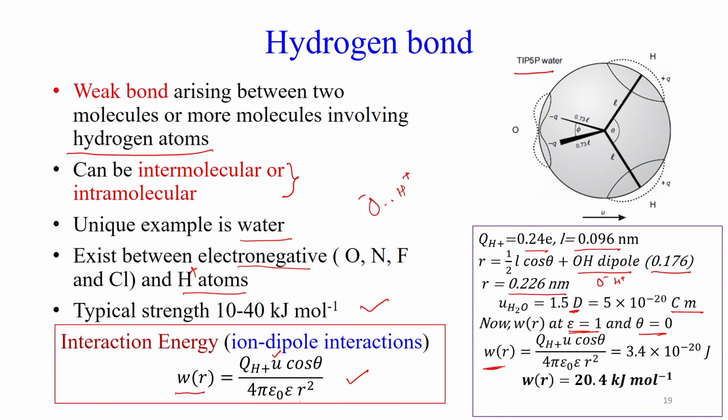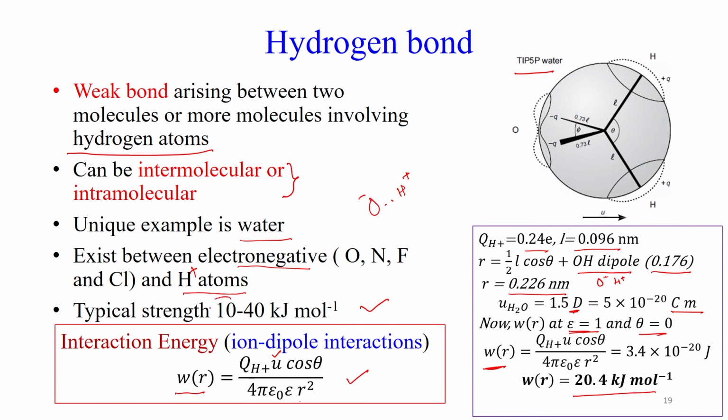If you calculate the interaction energy in the water molecule, it is QH 0.24 electron, mu 5 into 10 to the power minus 20, cos theta with theta equal to 0, over 4 pi epsilon naught, epsilon taken as 1 in vacuum, and R we have calculated as 0.226 nanometer. It comes out to be 3.4 into 10 to the power minus 20 joule, and if you convert to kilojoule per mole, it comes to be 20.4 kilojoule per mole.